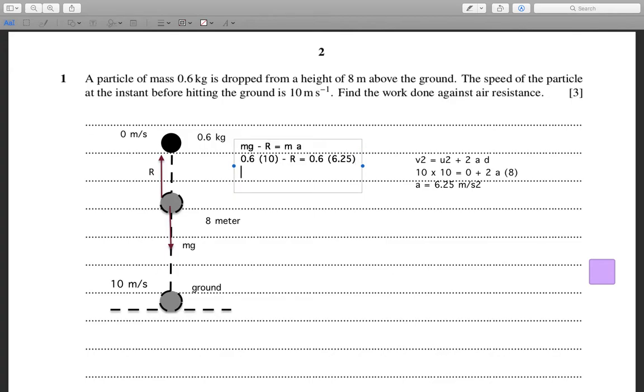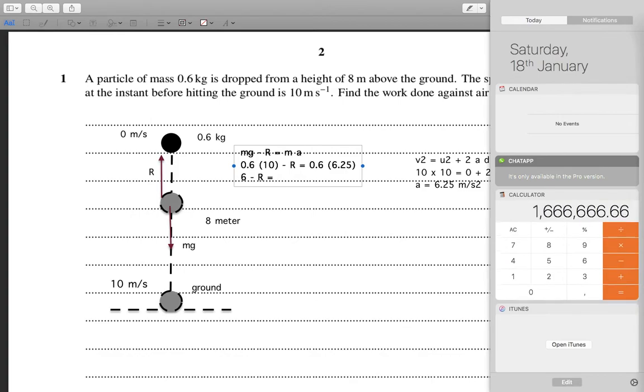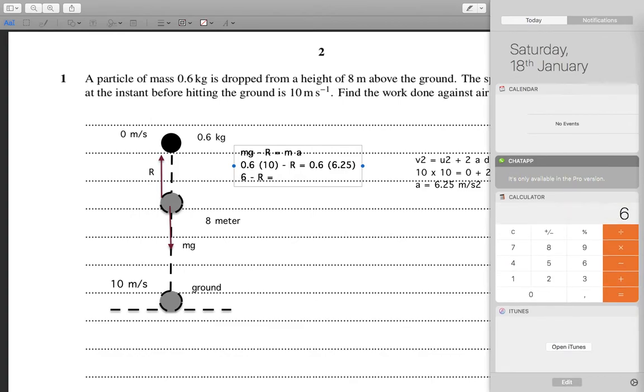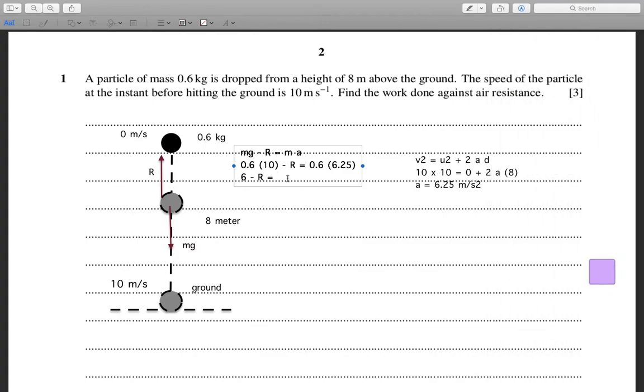So 6 minus R equals 6.25 times 0.6, which with the calculator is 3.75.